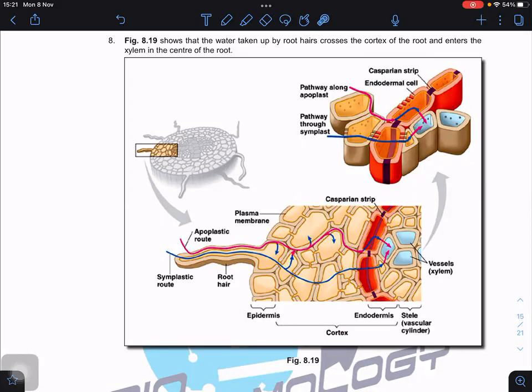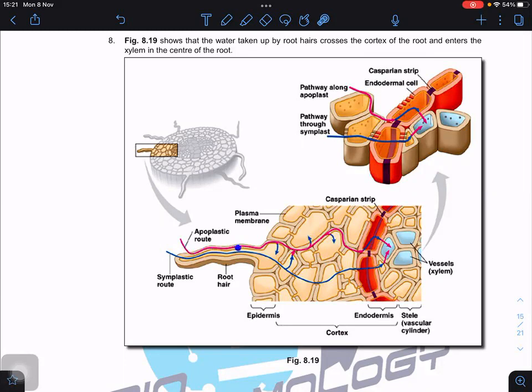So you can see that, figure 8.19 shows you that the water taken up by the root hair cell crosses the cortex of the root and enters the xylem in the center of the root. So you can see that's how the apoplastic pathway continues. Now, halfway through, they can change directions. It's not like the water molecule knows it must be the apoplastic pathway.